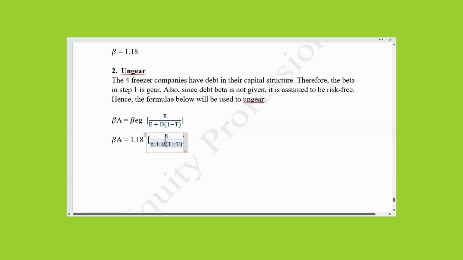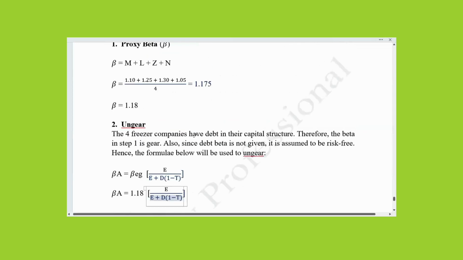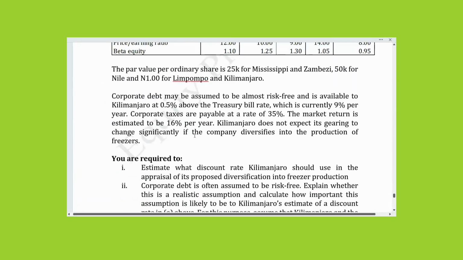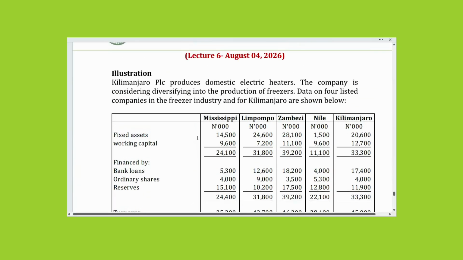I also need the debt value of the 4 freezer companies. I need the tax rates of the 4 freezer companies. So in the question, let's identify the equity value. If we don't have equity value, we need to find a way of calculating it, the same way you normally calculate equity value under the traditional work.